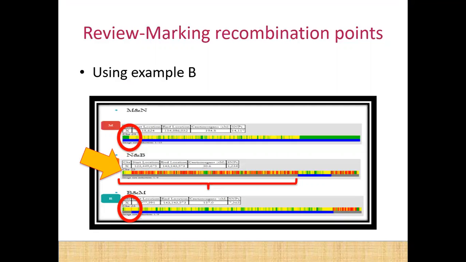At the beginning of the comparison between N and B, there tends to be some concern about this little bit of yellow. Many ask me if this is a half match because it is yellow and moves to mostly red on the top, but it is not. If this was a significant segment or long enough stretch of half-identical matching for us to worry about, we would see that blue bar at the bottom of these browser results right here.